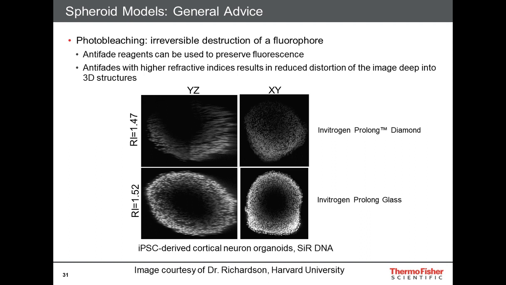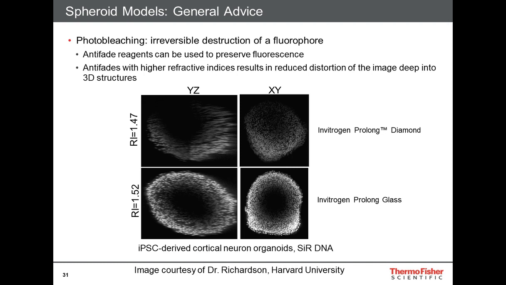One final thing to look at as far as general advice for spheroid models is when we're imaging these larger structures, we need to be aware of photo bleaching. And this is the irreversible destruction of a fluorophore as it's exposed to excess light. Now we can prevent this using anti-fade reagents.